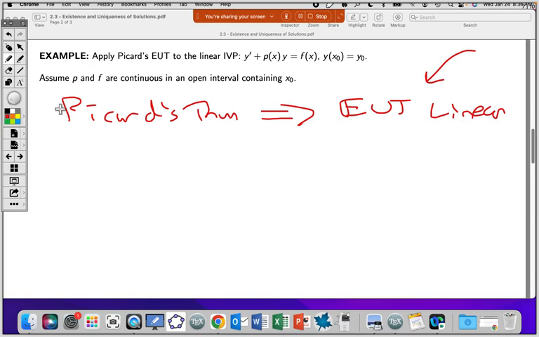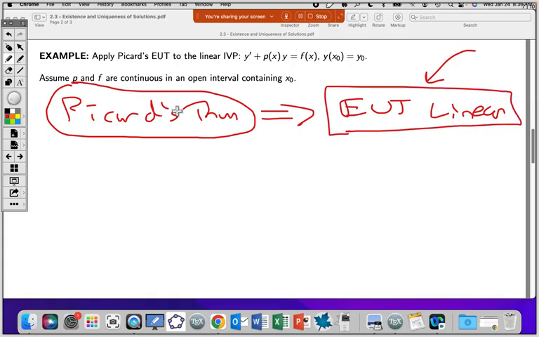Okay, so this would be a great project to see the proof of that. It pulls together a lot of nice things. We're going to do this one in class, but just to show, Picard's theorem will give you this. Now, in order to use Picard's theorem, we need to write the differential equation in the form y prime equals f of x, y.